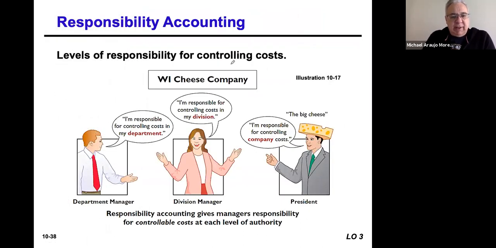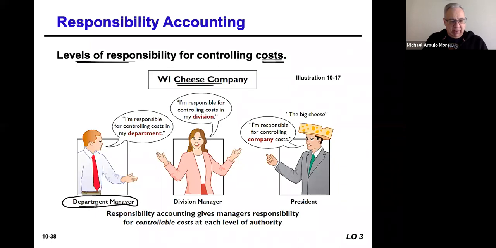So again, there are various levels of responsibilities, particularly when it comes to controlling costs. And here you have an illustration, and I'm afraid it's a little cheesy, but you have department managers who are responsible for what's happening in their individual departments. You have division managers, which clearly are responsible for what's going on in a particular division of the company.